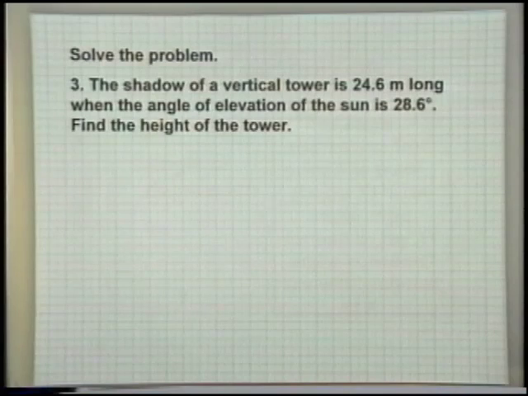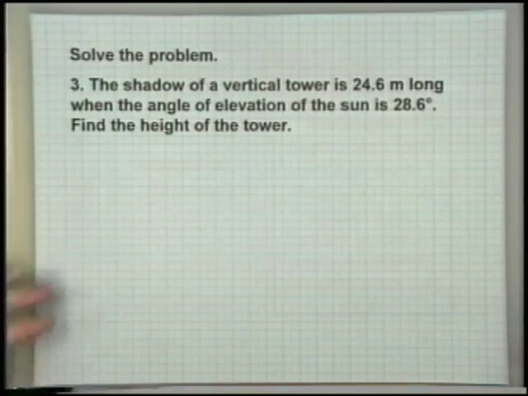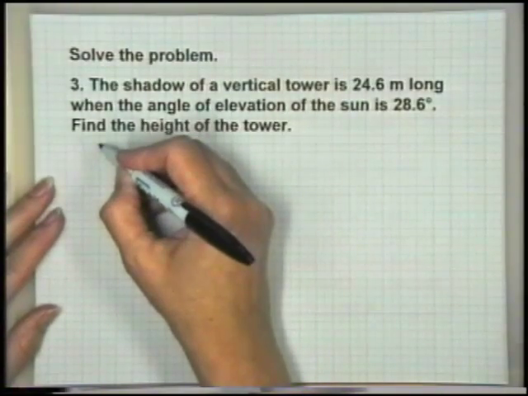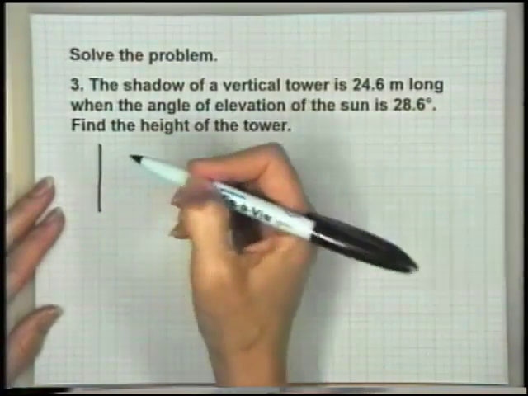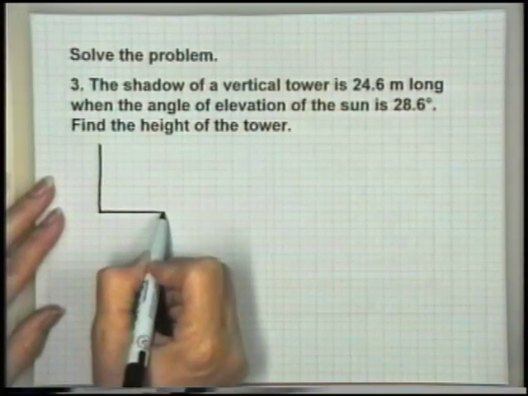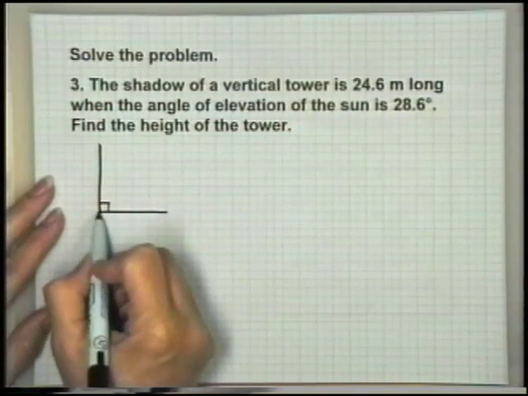The shadow of a vertical tower is 24 6/10 meters long when the angle of elevation of the sun is 28 6/10 degrees. Find the height of the tower. Well, let's draw this. Here's my tower. We will assume that the tower is perpendicular to the ground.